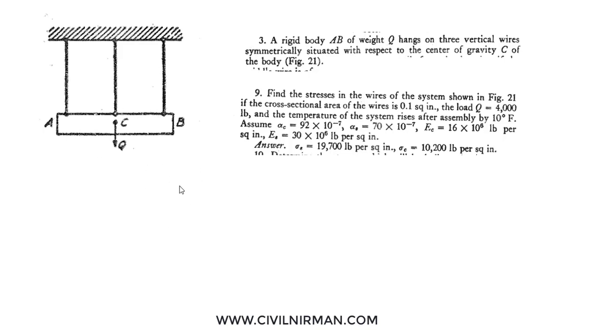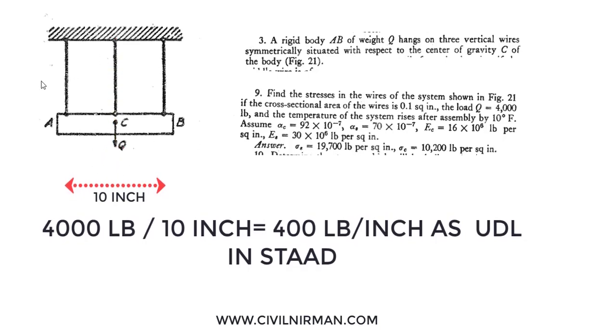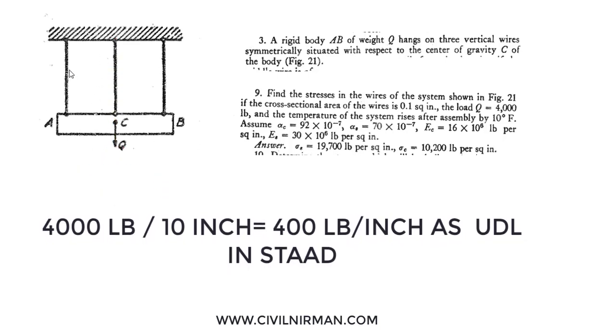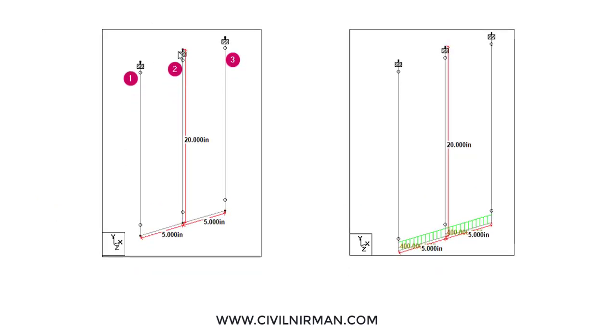So when modeling we assume a large moment of inertia for this horizontal rigid member, and we distribute that concentrated load as a uniform load. Basically the horizontal member is assumed to be very rigid, so it will not deform, and the load is uniformly distributed due to the large moment of inertia of the horizontal segment.